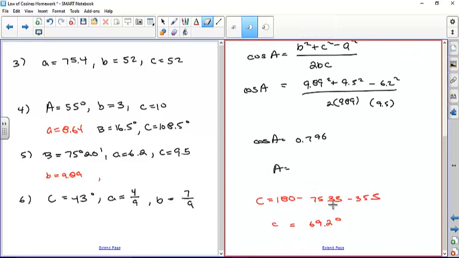And if you take the inverse cosine of that, you get 37.2.